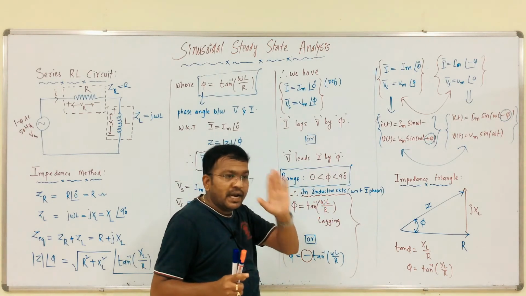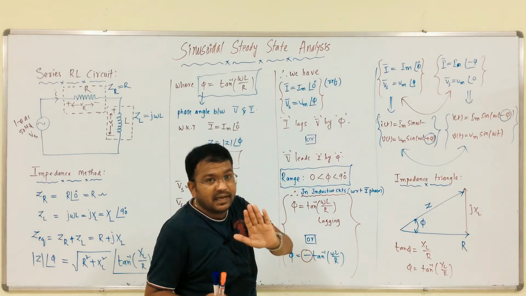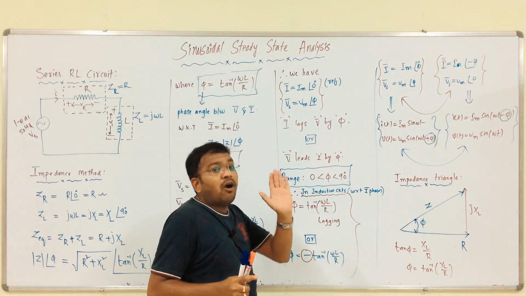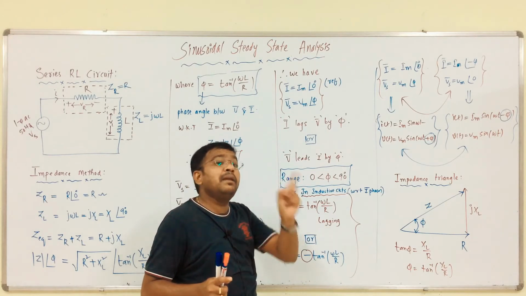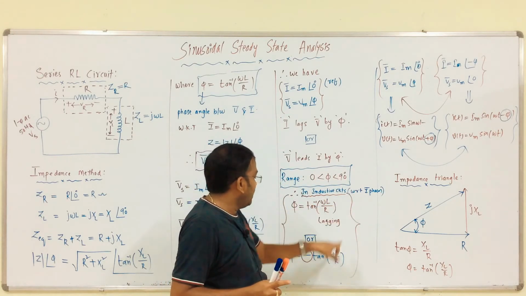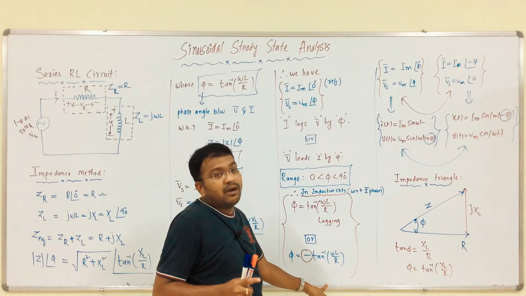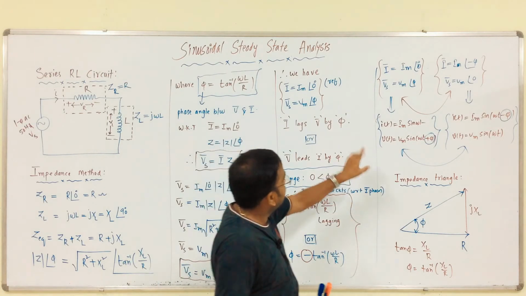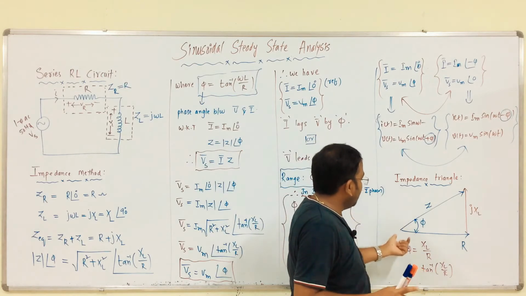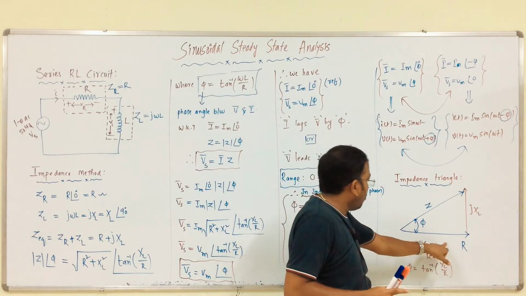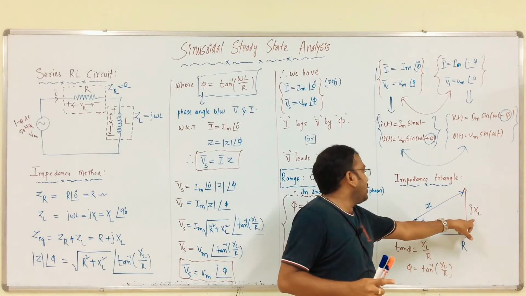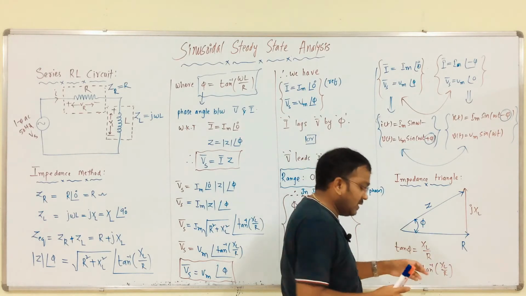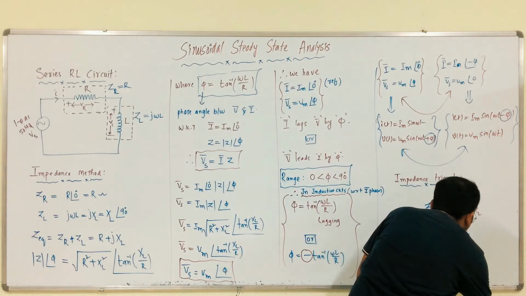If it is a pure inductive circuit, that is exactly by 90 degrees, or for a combination of R and L we got it like this only. With respect to current we got a lagging phase angle. This is the impedance triangle for this representation. So horizontal component is R, vertical component is XL, this is the resultant Z. Like this we have to get this phase angle that is lagging.